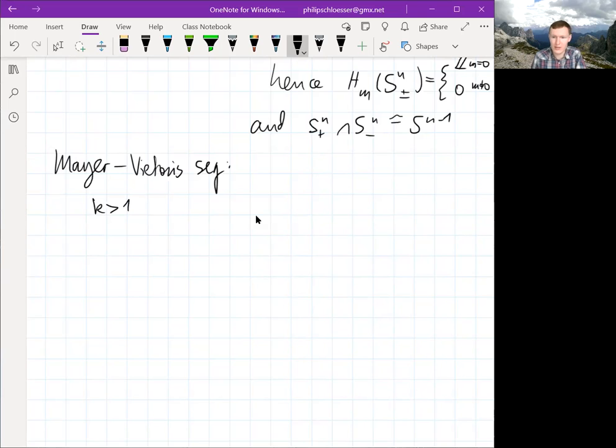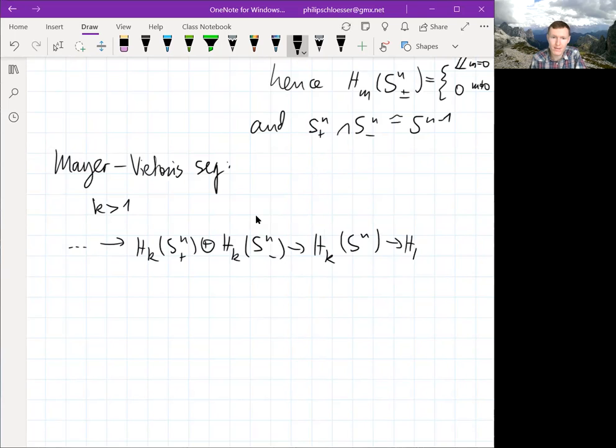So for k bigger than 1, we have the middle term, then Hk of Sn, and then the beginning again, but now one dimension lower. Dot, dot, dot.